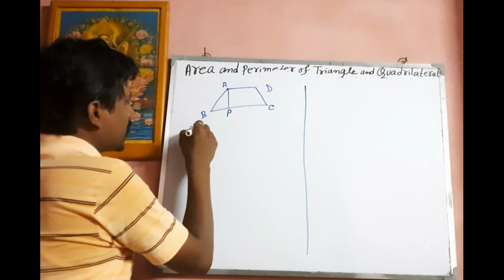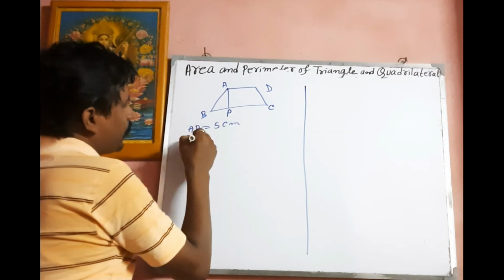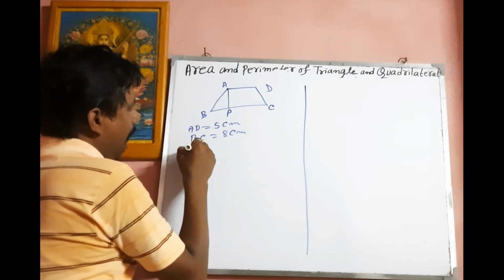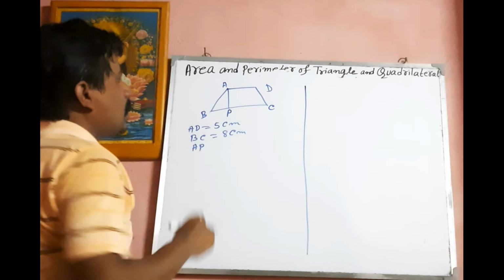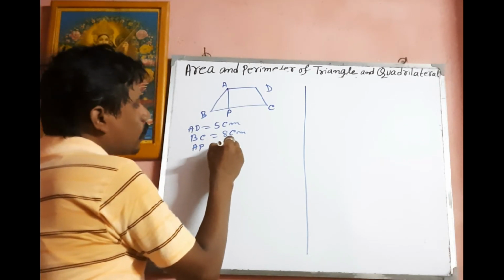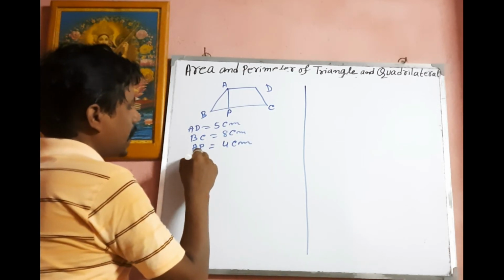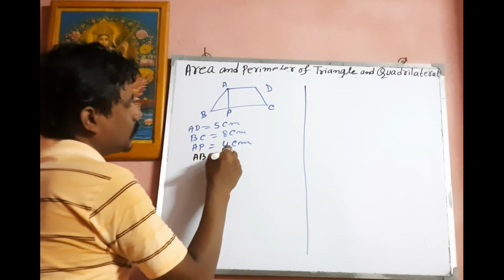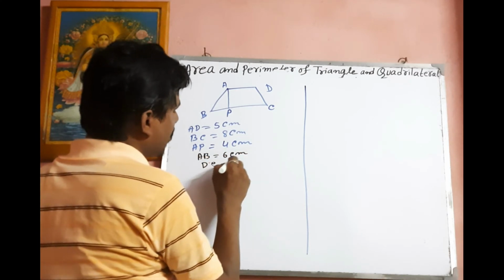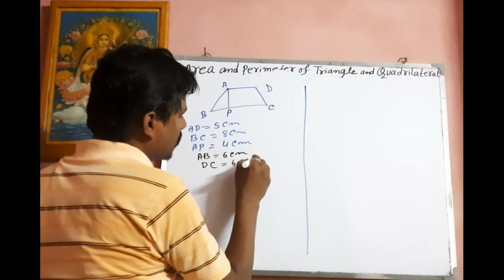Let AD be equal to 5 centimeter, BC equal to 8 centimeter, and AP, perpendicular to the two parallel sides, equal to 4 centimeter, AB equal to 6 centimeter and DC equal to 6.2 centimeter.